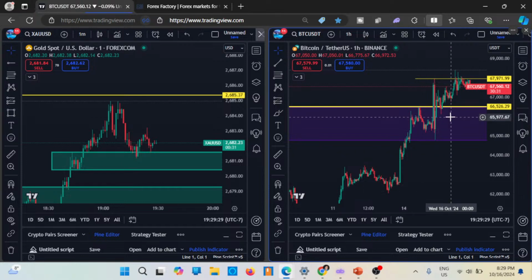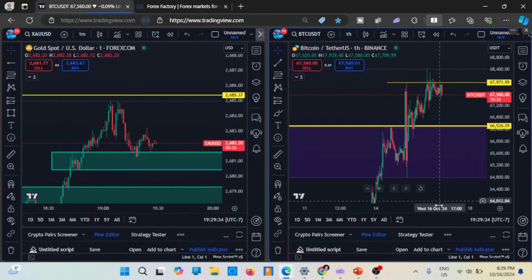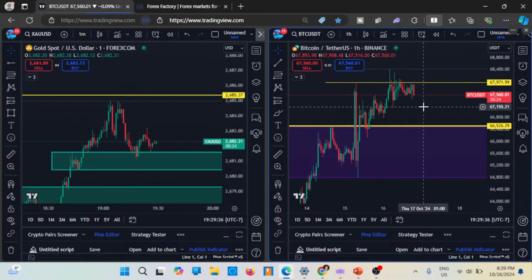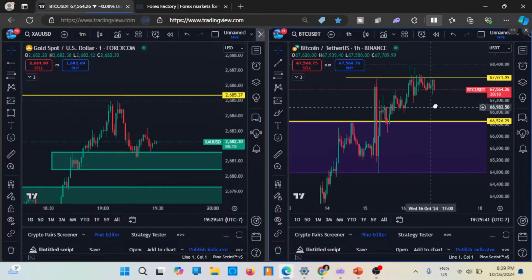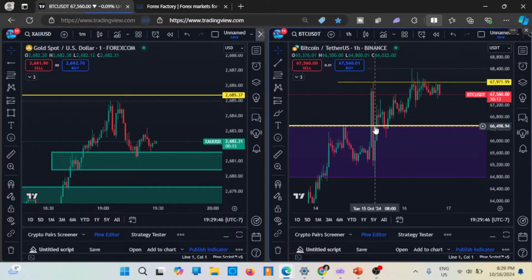So since it's in an uptrend, the best trading opportunity to take is a buy. And the areas where you want to look for buys are usually at support levels. Currently the support level for this Bitcoin price is at 66,500, around there, 66,500, 66,600.